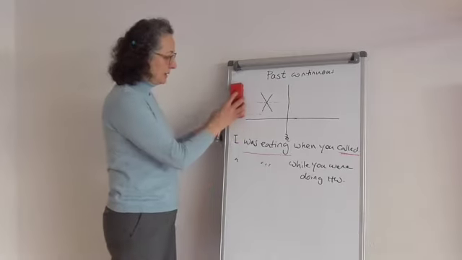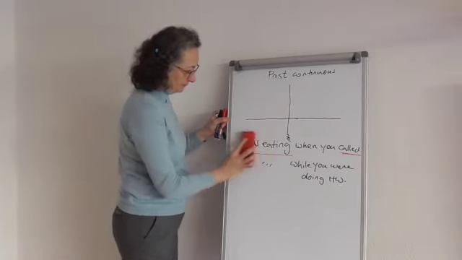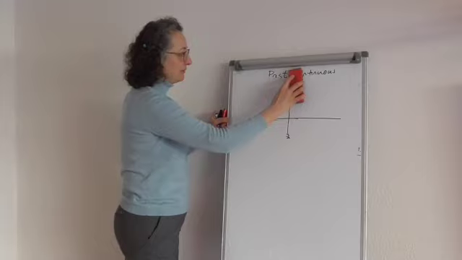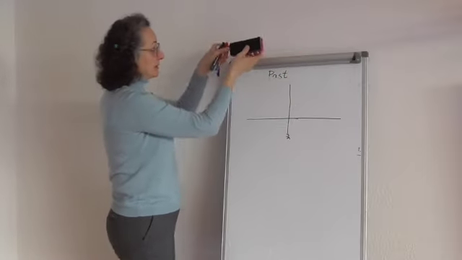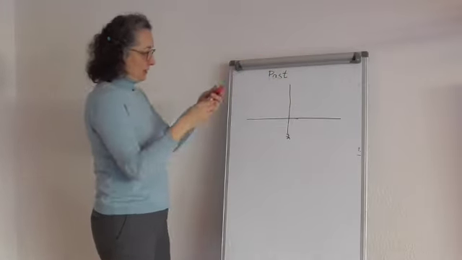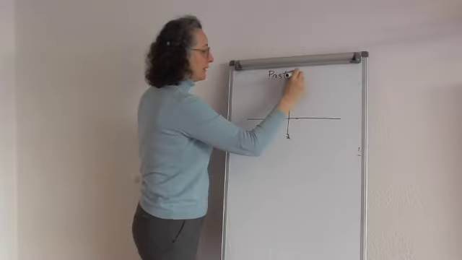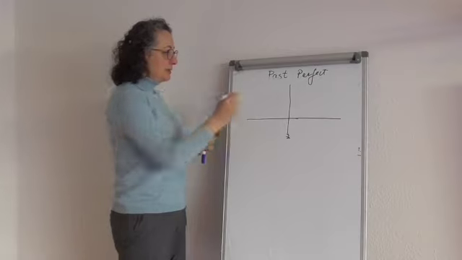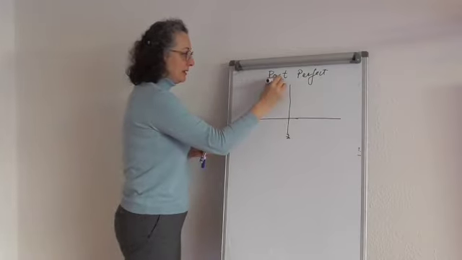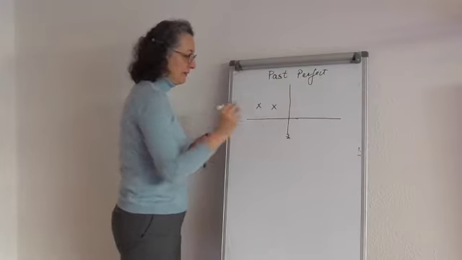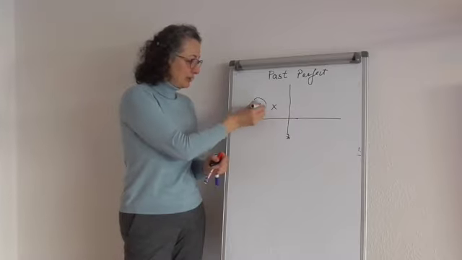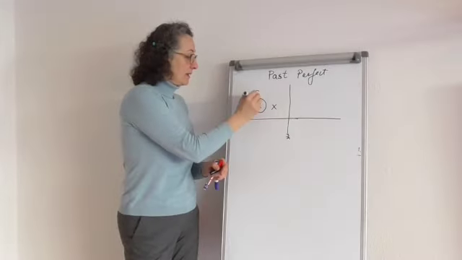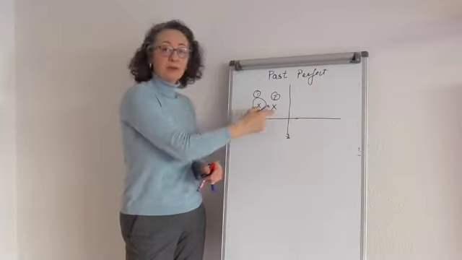Let us go to another past, which is not very often used, but it exists. So, past perfect. Past perfect actually refers to an action that happened before another one.